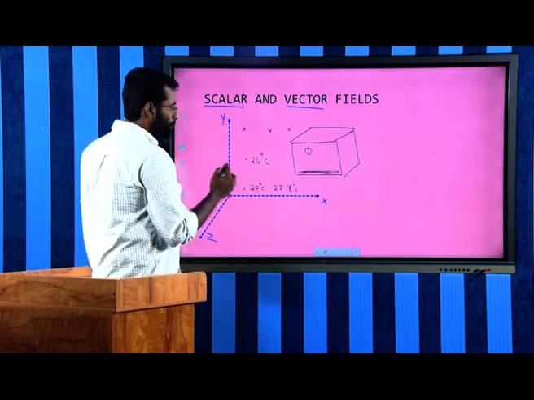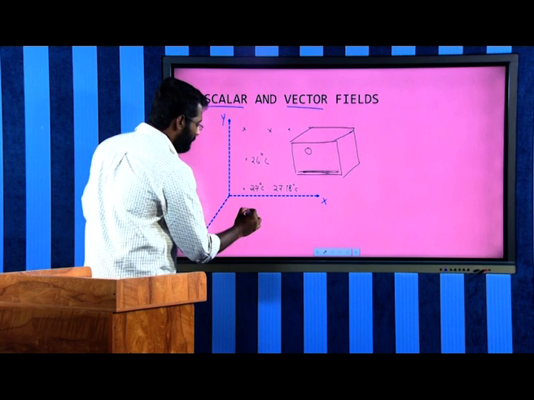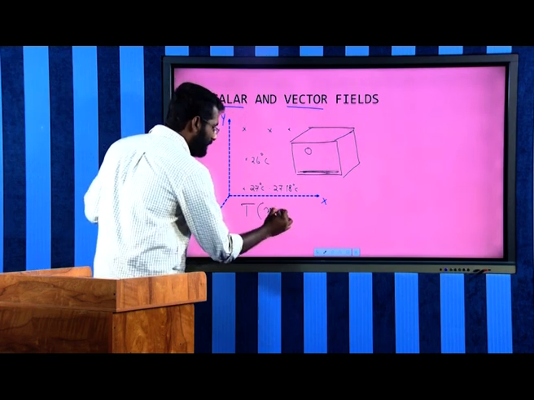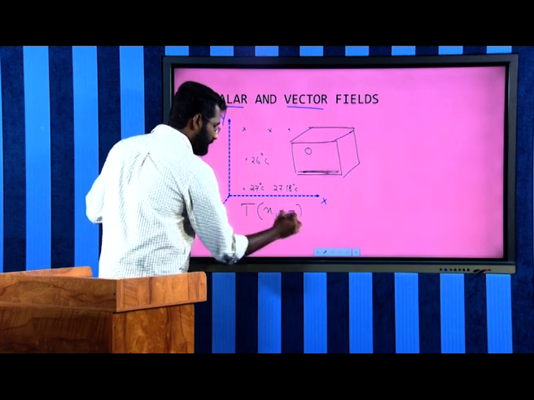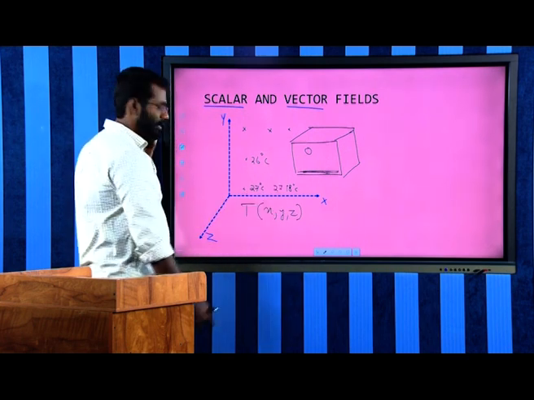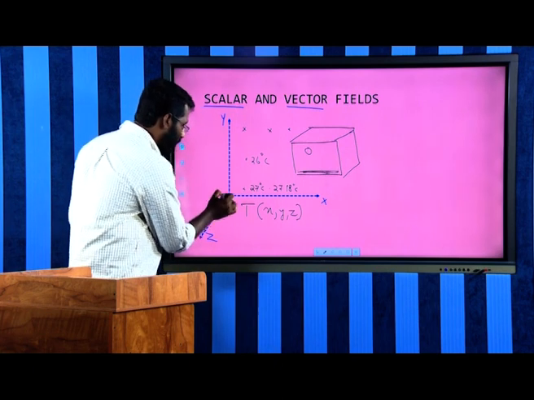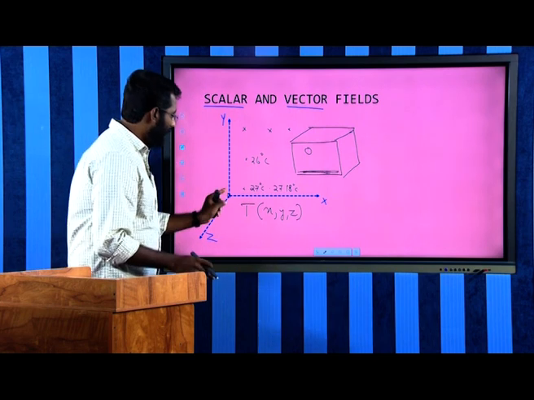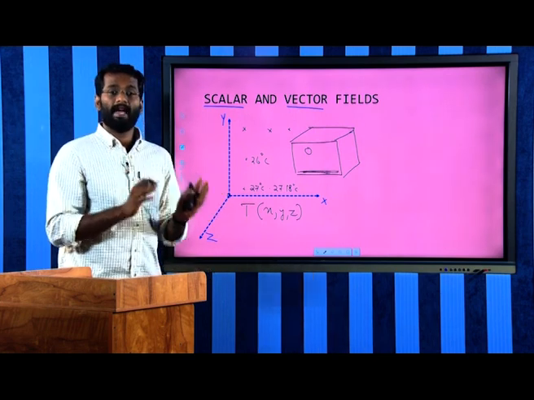To denote that, for temperature we can write T, which depends on x, y and z. That means for each value of x, y and z there is a temperature. For example, at this corner of the room the values of x, y and z are 0, 0, 0. At this particular point the temperature will have a value.